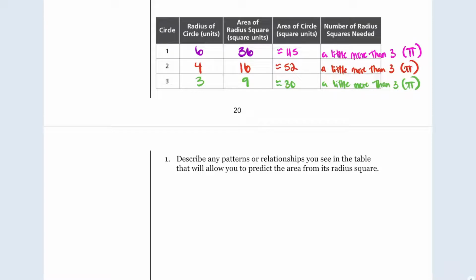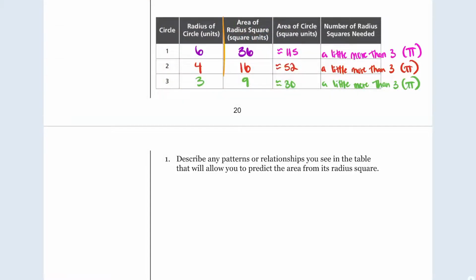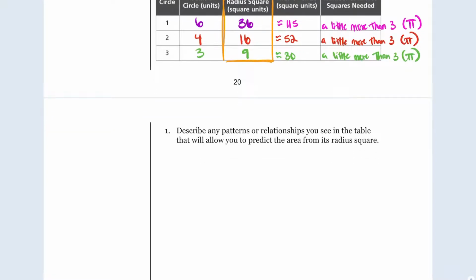All right, hopefully you paused the video. Let's talk about it. So we know that we started with the area of our radius square. Okay, so I'm going to say the area of my radius square, okay, and we multiplied it by something.